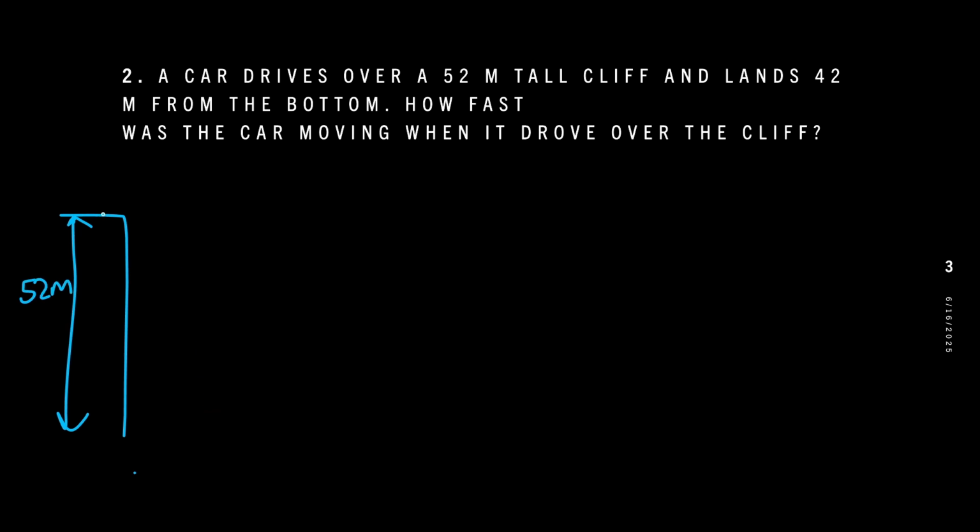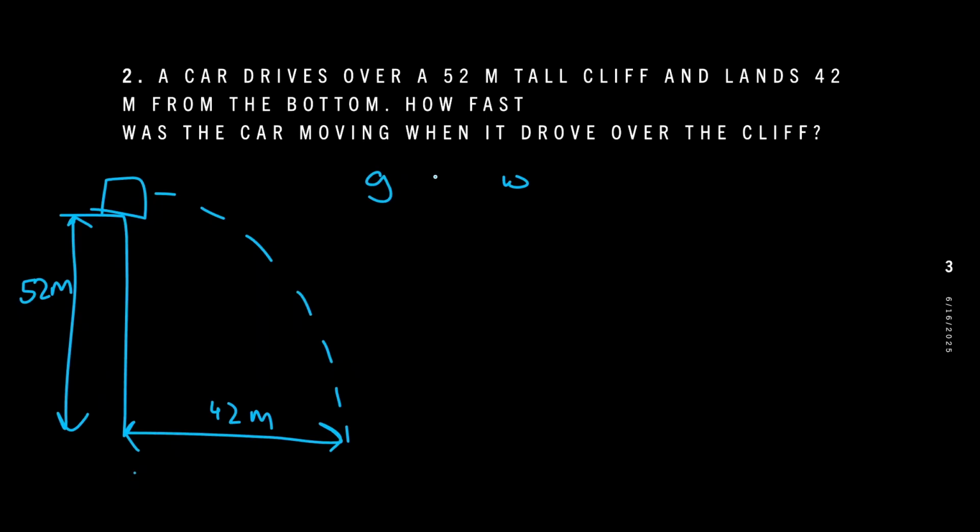Then we could just draw a box for the car and then draw some arrows just showing where it goes. And then we know it's 42 meters away from the cliff, so 42. And the way we solve this problem will basically be the same way we solved the last problem. So we could just go ahead and draw our chart.